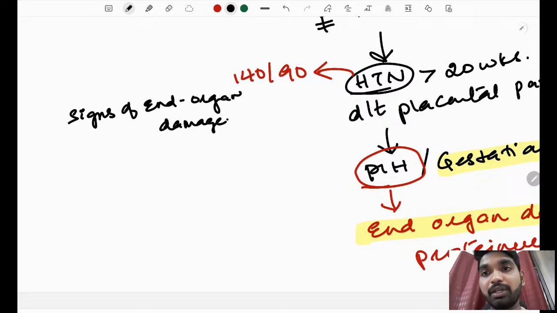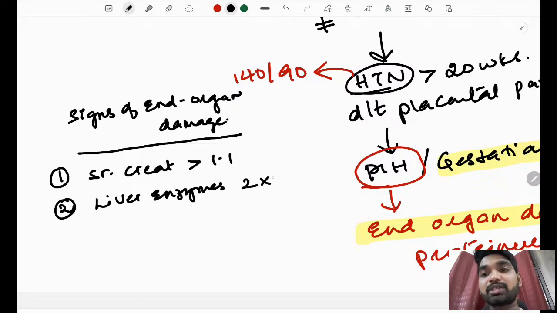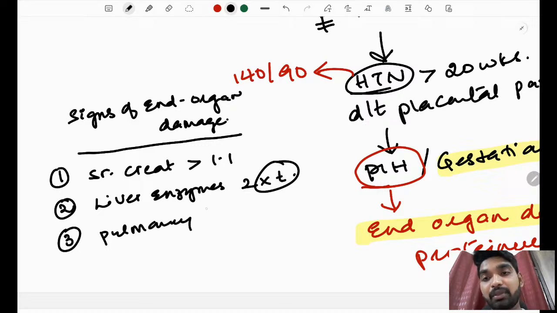Very, very important. The first one is serum creatinine going greater than 1.1, then elevation of liver enzymes 2x times, and pulmonary edema.